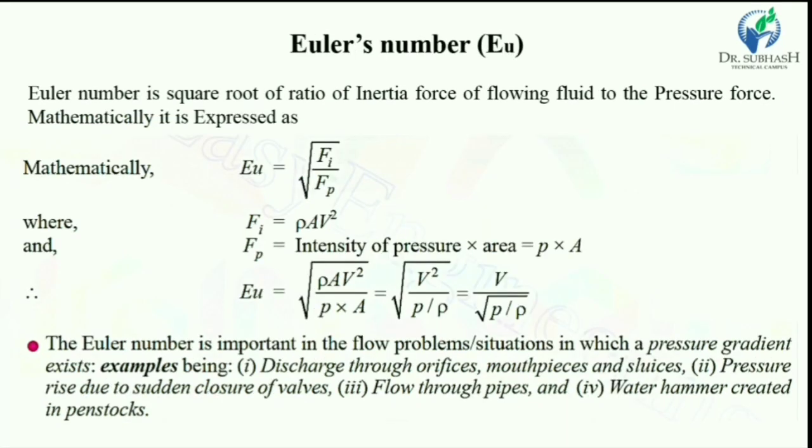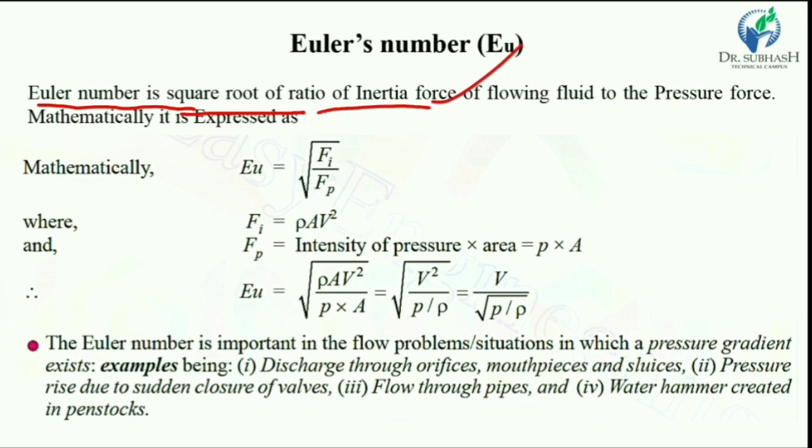Now next one is the Euler's number. It's also a ratio of forces, we know that. The forces are inertia force and pressure force. So Euler number is the square root of the ratio of inertia force to pressure force. Now find the equation of Euler's number. Euler's number is defined by Eu.